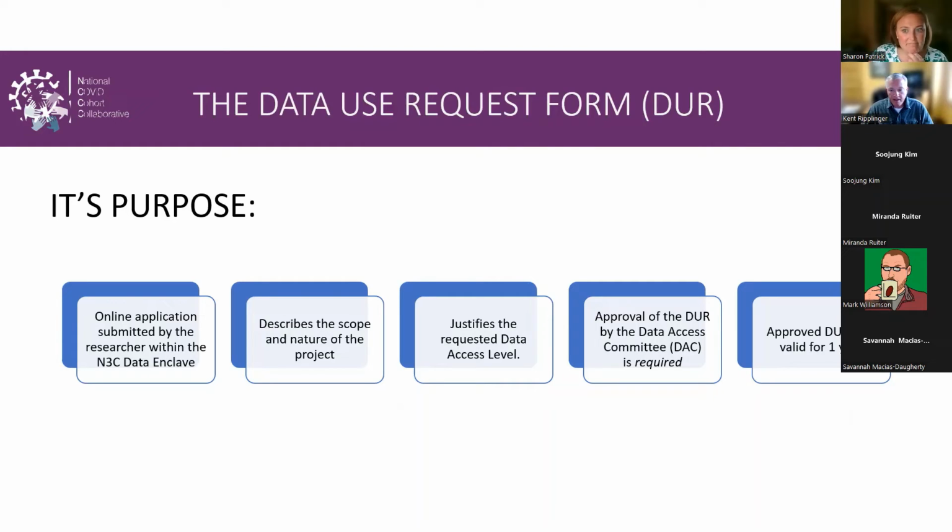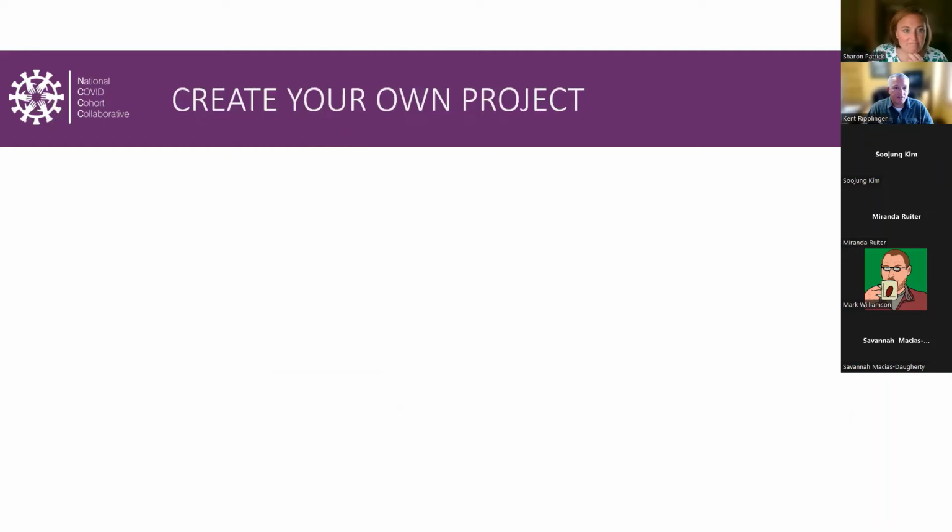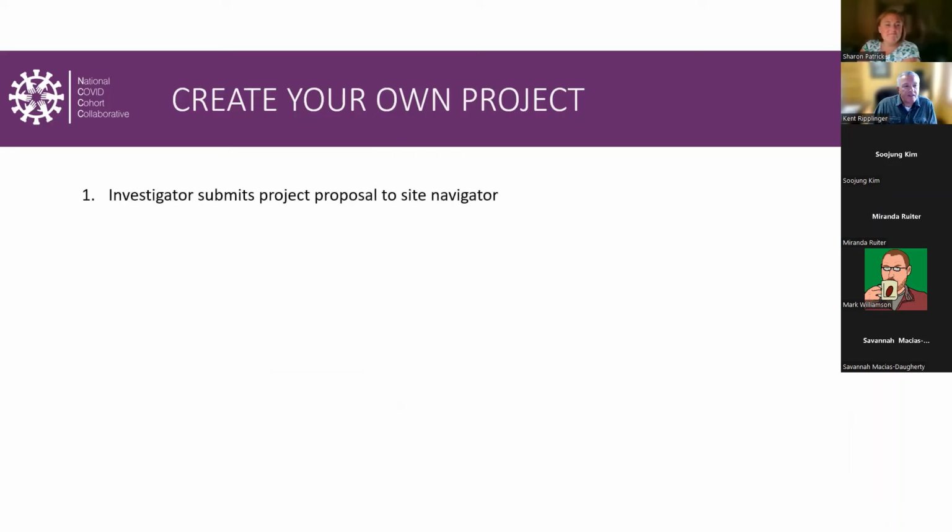Now, the next thing you could do is create your own project. There is a process to this, and it starts with the investigator submitting a project proposal to somebody like me, the site navigator, and then we go through a process to see if this is a feasible study.